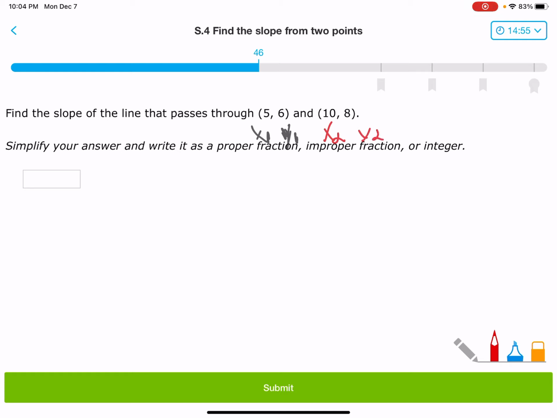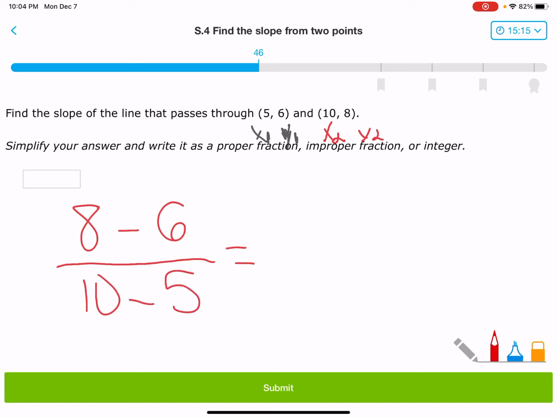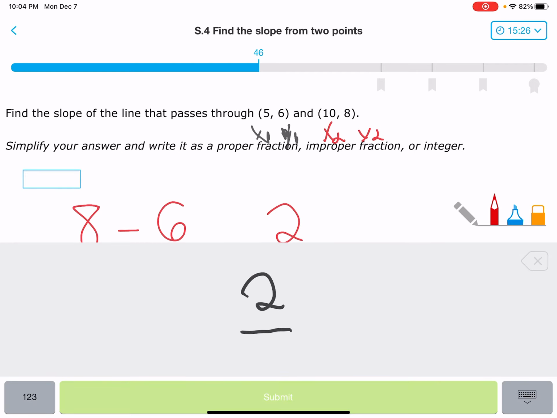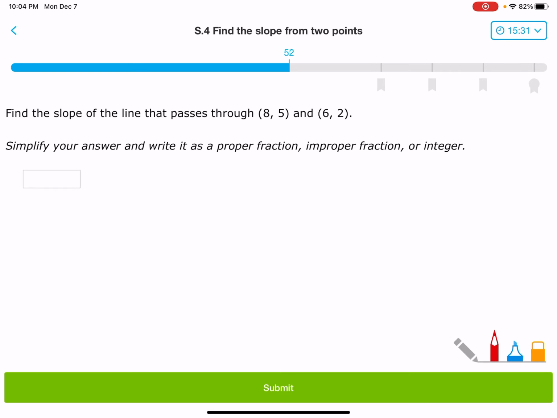We are going to subtract, remember, 8, this is our y2, minus our y1, 6, over our x2, 10, minus our x1, 5. And 8 minus 6 is 2. 10 minus 5 is 5. So the slope is 2/5. This is how we do it.